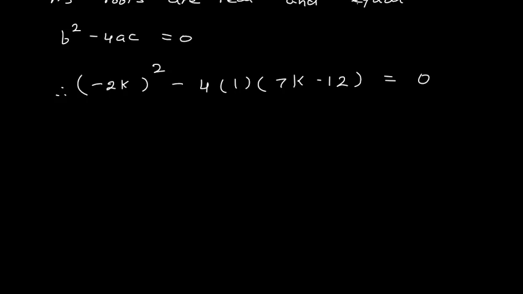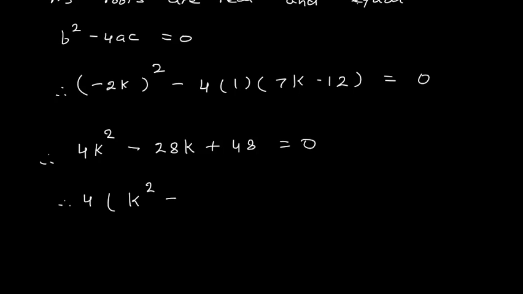So here it is 4k square minus 4 times 7 is 28k, plus 48, equals 0. Now I can take 4 common. So here we have k square minus 7k plus 12 is equal to 0.